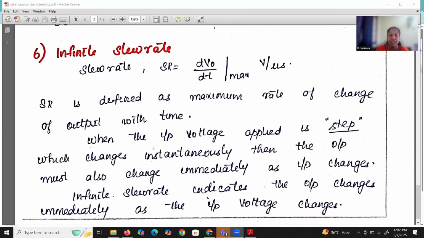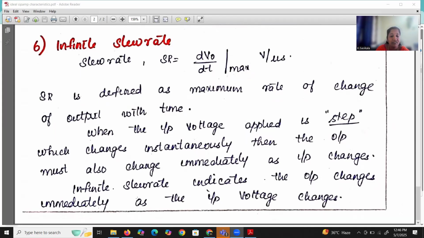For example, if we give a step input as the input voltage, the output should also change immediately. That is called slew rate. So infinite slew rate indicates that the output changes instantly as the input voltage changes.